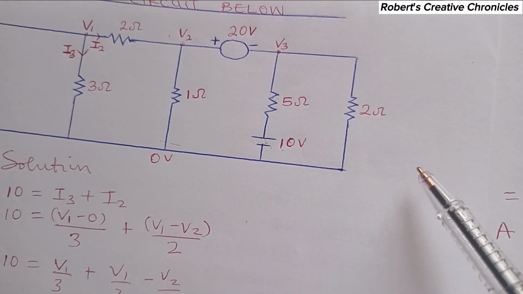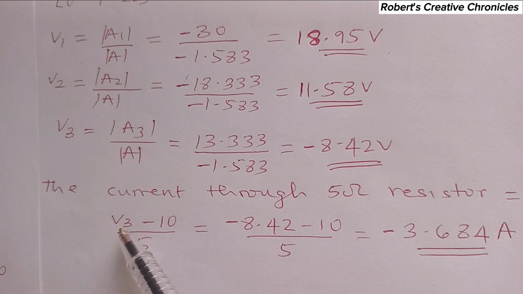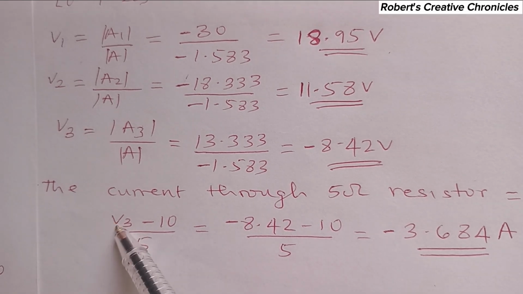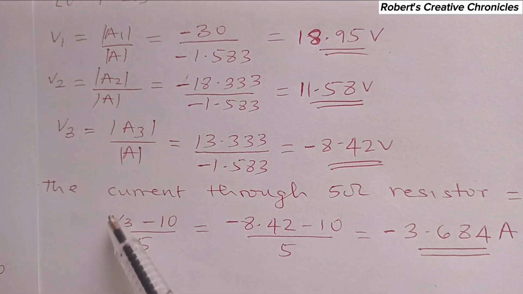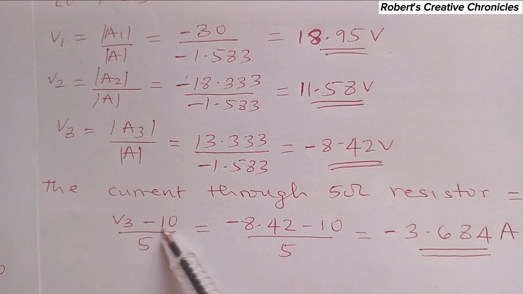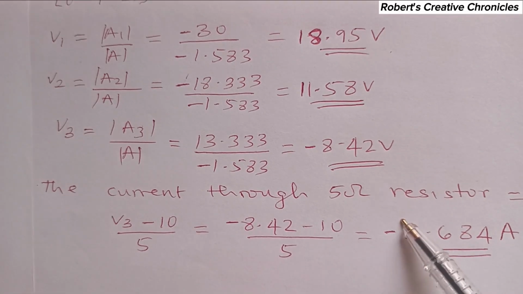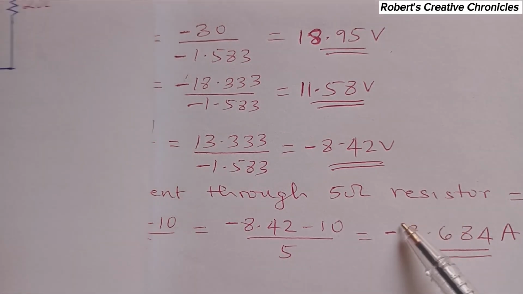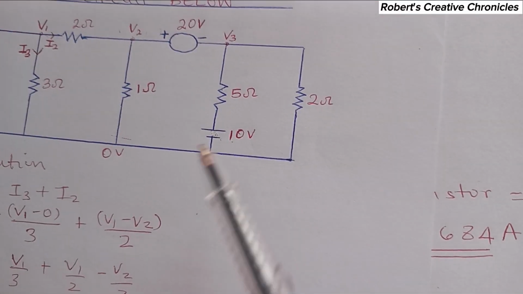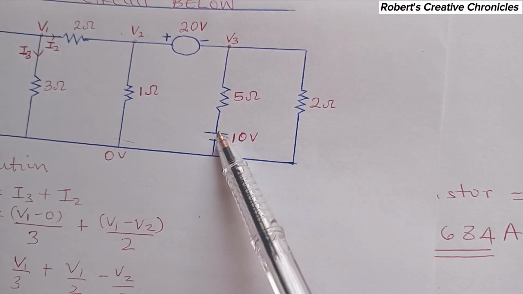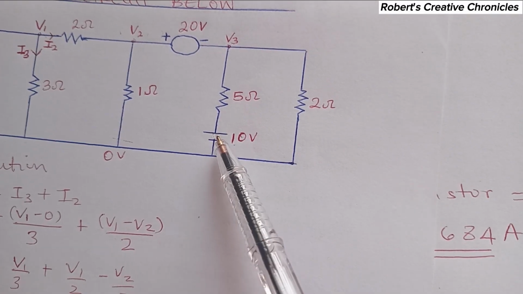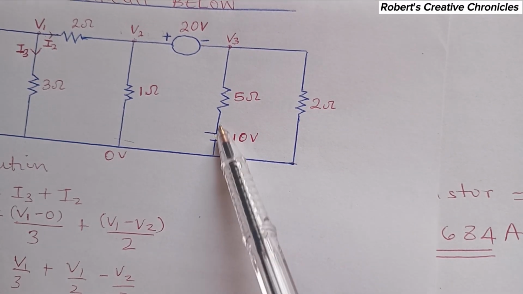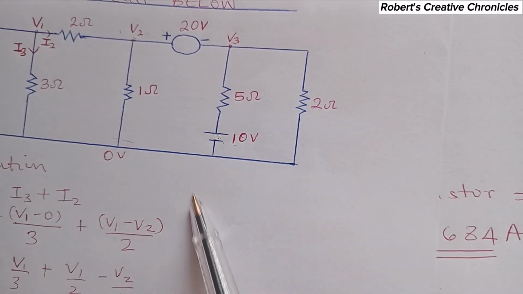We assumed that current flows from higher to lower potential, so I assumed this is my higher potential and this is my lower potential. Since this current is giving us a minus sign, the current does not flow from V3 to 10. Instead, it flows from this 10 towards the node V3.